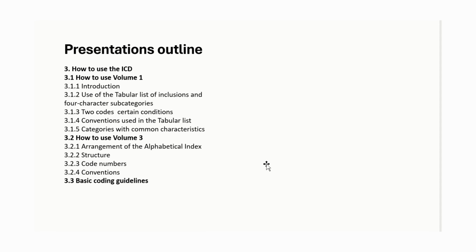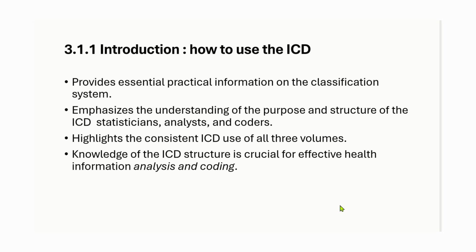That is the tabular list of inclusion and 4-character subcategory, cases where 2 codes for certain conditions, conventions used in tabular list, categories with the common characteristics, and then we'll dwell on how to use volume 3, the alphabetical index structure, code numbers, convention, and finally we'll briefly talk about basic coding guidelines.